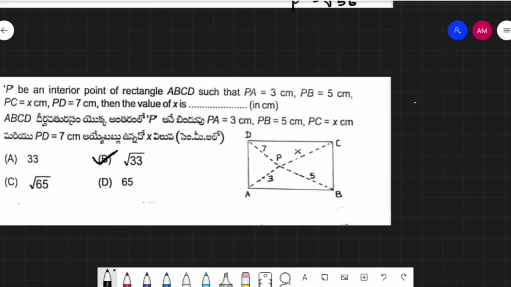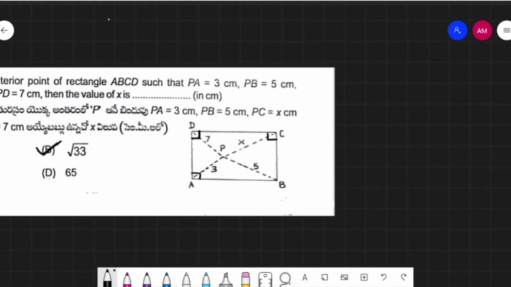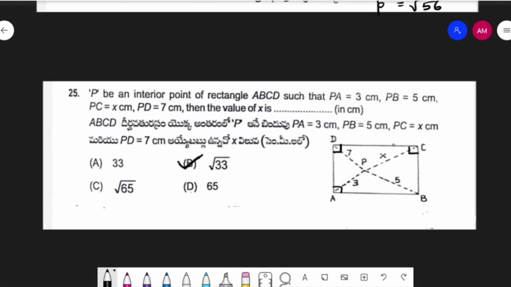Given that P is an interior point of a rectangle ABCD, this is given that it is a rectangle, so all angles are equal to 90 degrees in a rectangle. And PA is equal to 3, PC is equal to X, PD is equal to 7, PB is equal to 5.